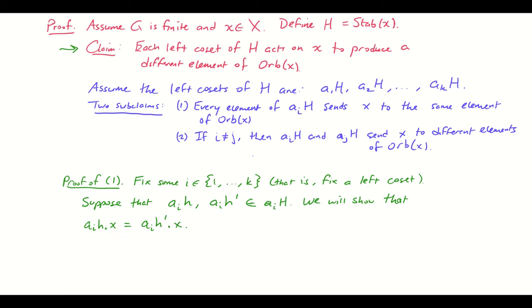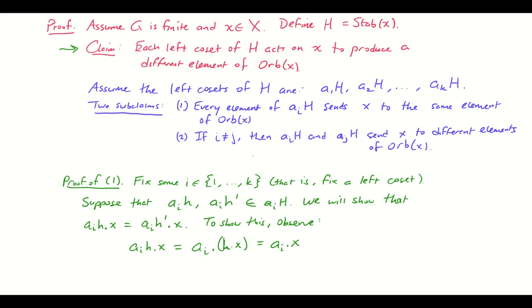All right, so to show that, we're just going to make an observation. a_i h acting on x, that's the same thing, just by the rules of how group actions work, as a_i acting on the result of h acting on x. And the result of h acting on x is just x, because h is part of the stabilizer of x.